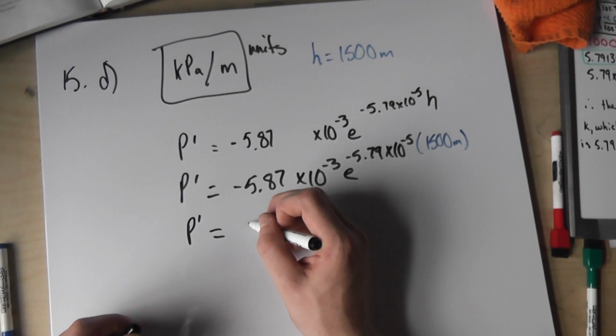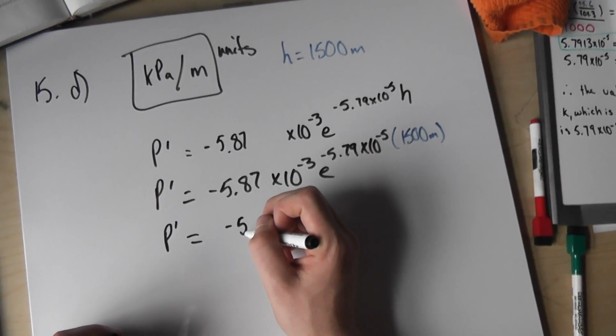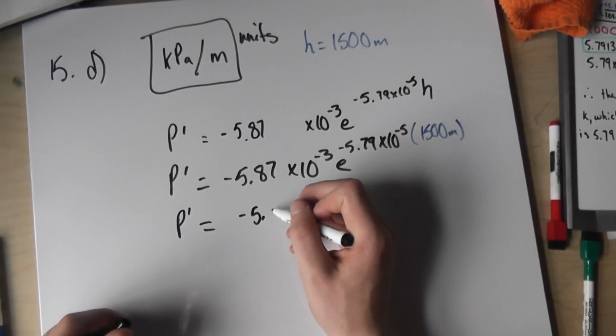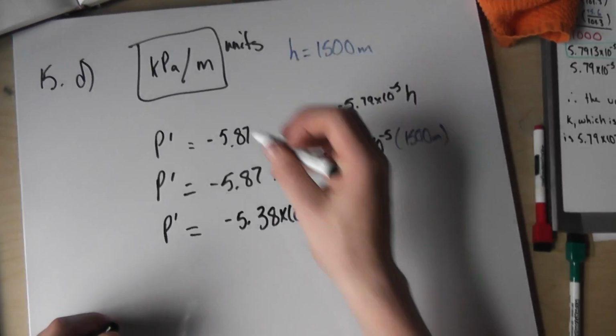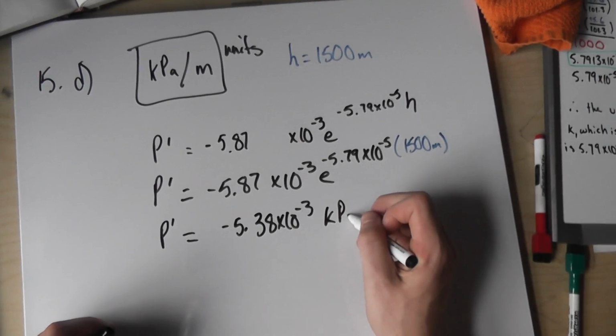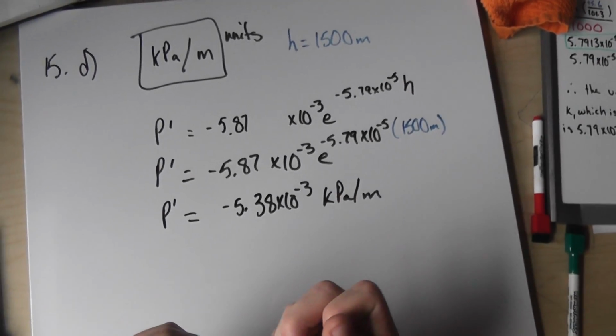And we get negative 5.38 times 10 to the negative 3, using the units here, kilopascals per meter.